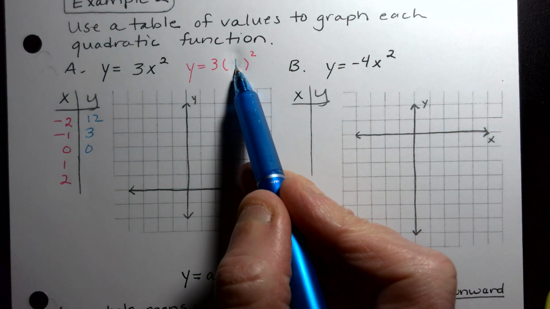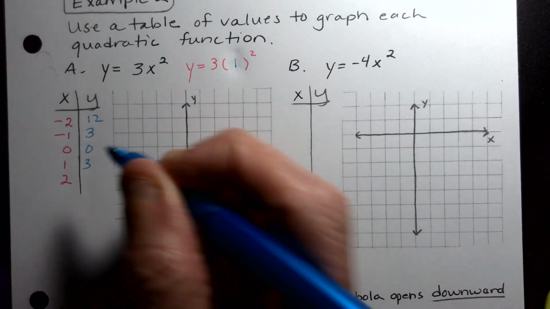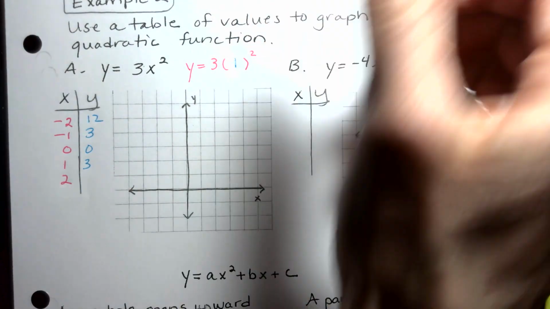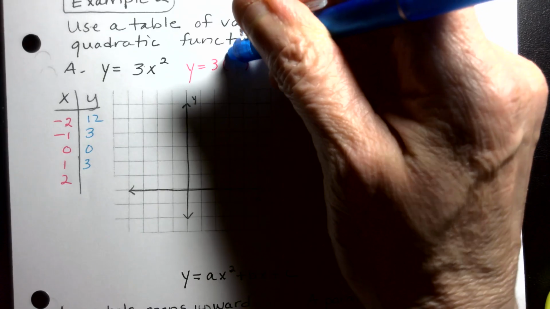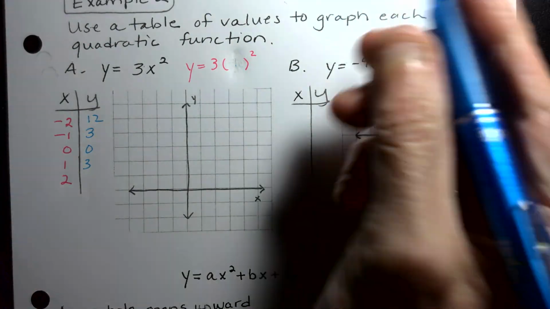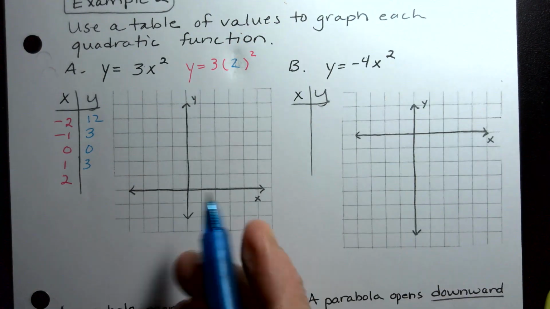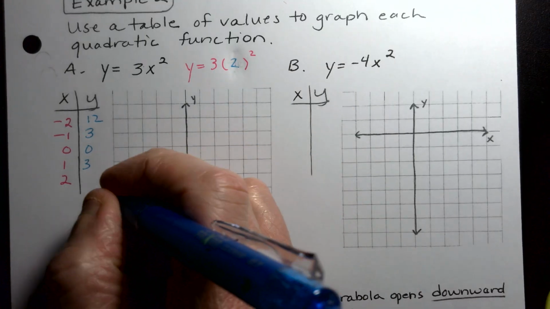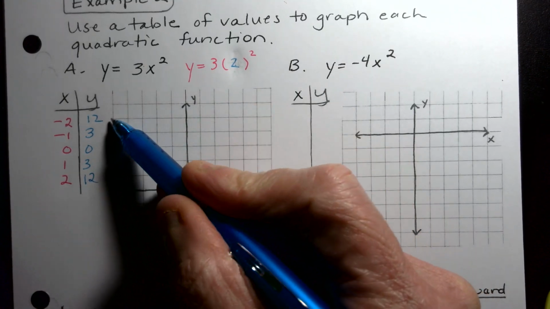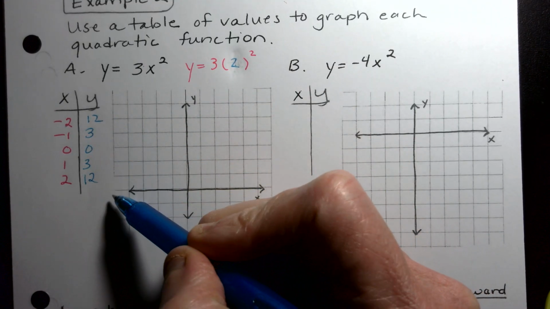One squared is 1, times 3 is 3. And 2 squared is 4, times 3 is 12. So you see the pattern that kind of happens with a parabola here.